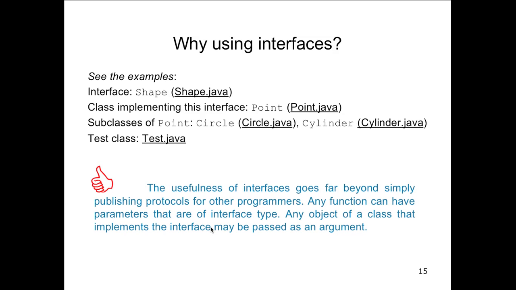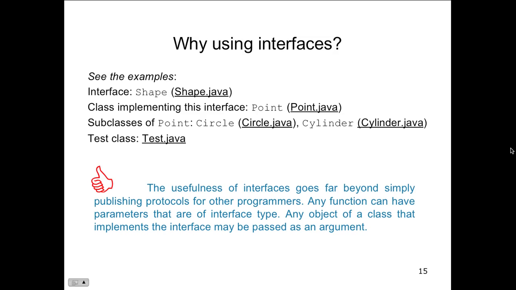Why use interfaces? And that, in a nutshell, I kind of gave it to you already. But here's an example. I put this out on the website, actually. We have shape, point, cylinder, point, circle, and cylinder that come from point. And then we have test.java. So the usefulness of interfaces goes far beyond the simplicity of publishing protocols for other programmers.